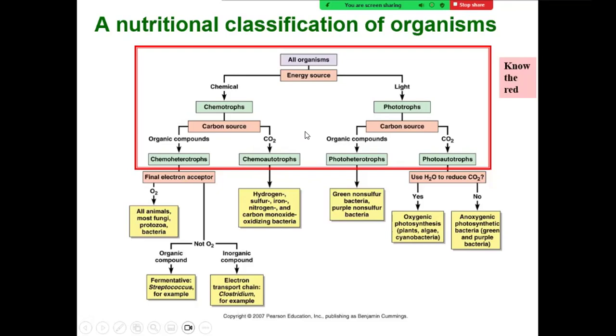You can then further divide the phototrophs into the photoheterotrophs. They get their carbon source from an organic chemical compound such as glucose. Or you can separate the phototrophs into the photoautotrophs, and they get their carbon needs from CO2. And as I stated, everyone knows that green plants are photoautotrophs.